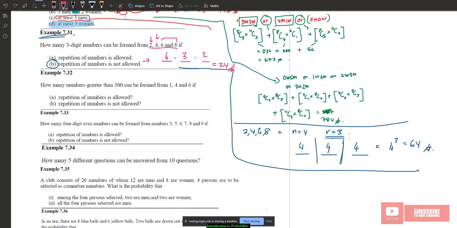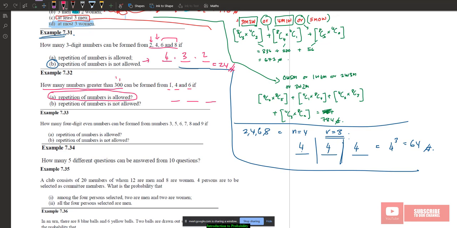Now look at example number 7.32. How many numbers greater than 300 can be formed from 1, 4 and 6 if repetition of numbers is allowed? So you have 1, 4 and 6. Greater than 300 means a 3-digit number.